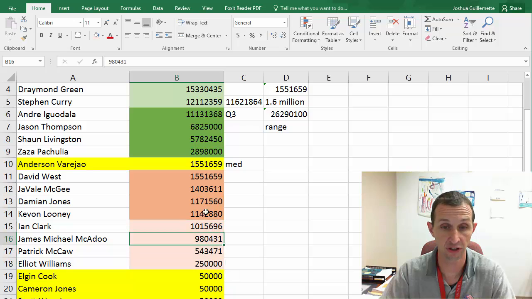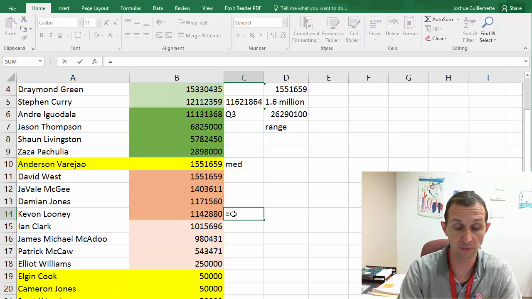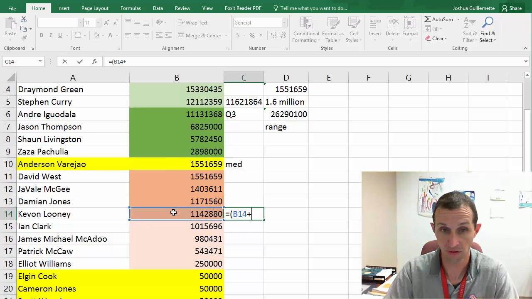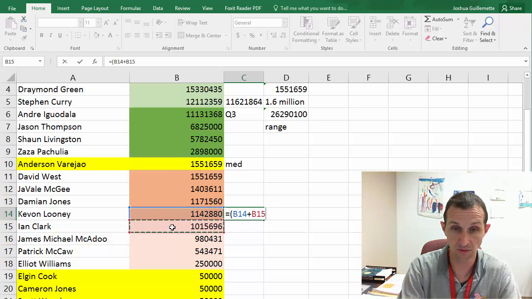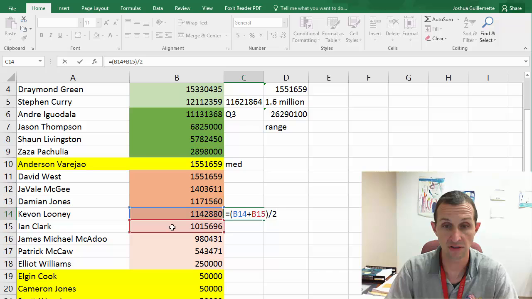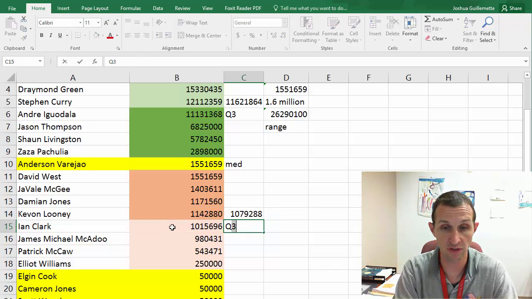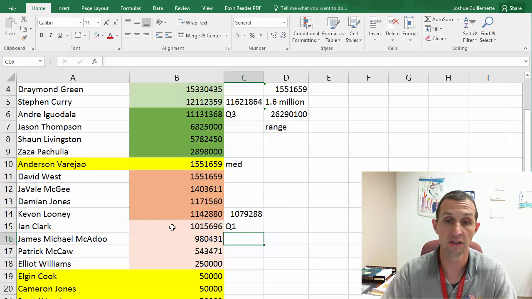And so that makes a difference, right? Between these. And so the median is in between these 2. And so that would be equal to this value plus this value divided by 2. And this would be your lower quartile, or Q1, right? And so that's how you would calculate it, right?